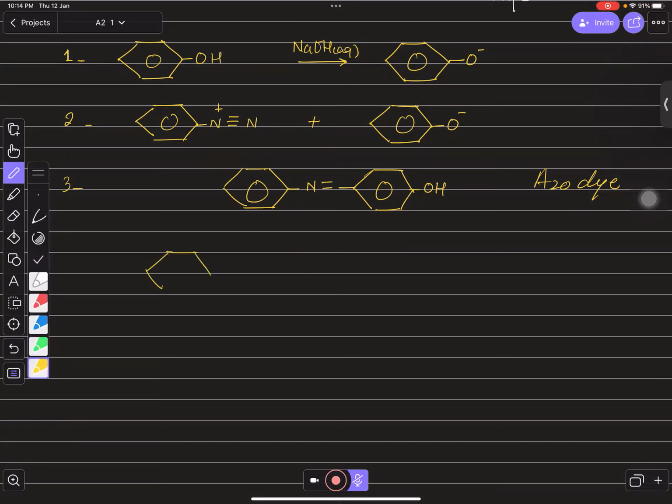Suppose I am going to add methyl phenol in the presence of excess aqueous NaOH. Bacho, you need to remember this is a 2,4 directing group. If you talk about this, it is actually a 2,4 directing group.